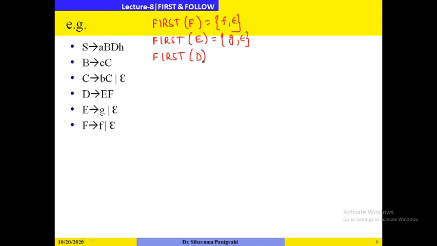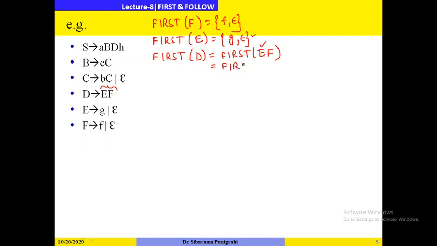First of D. Here you have to do first of EF, right? There are two non-terminals. First you have to compute first of E, whether first of E contains epsilon or not. Yes, it contains epsilon. So what you will do?